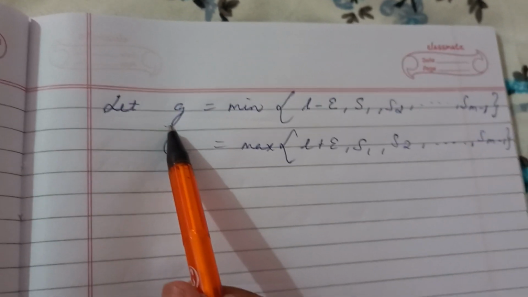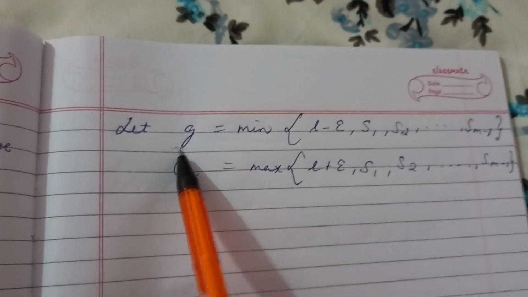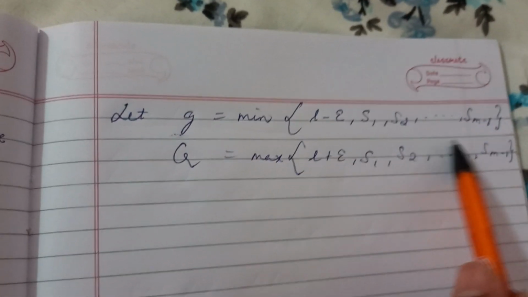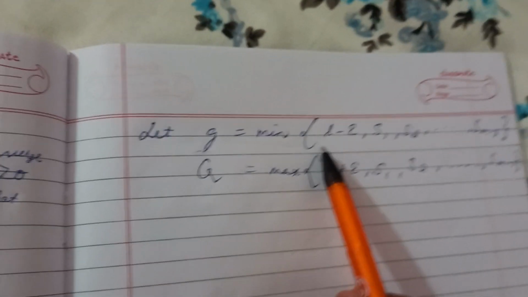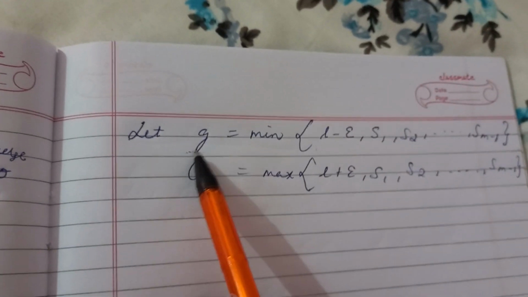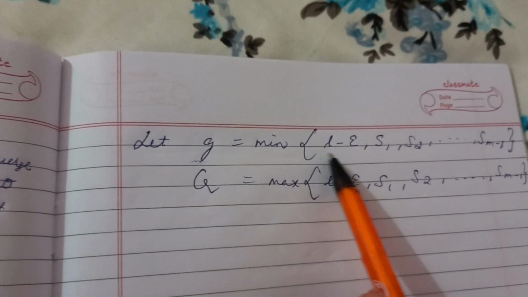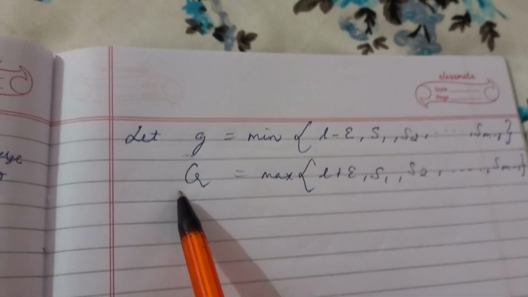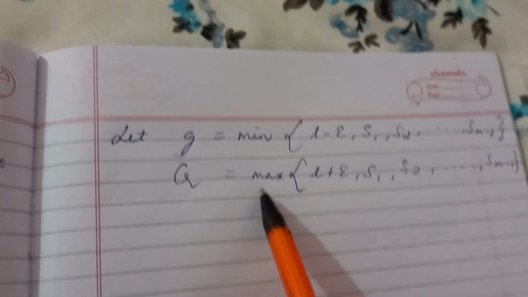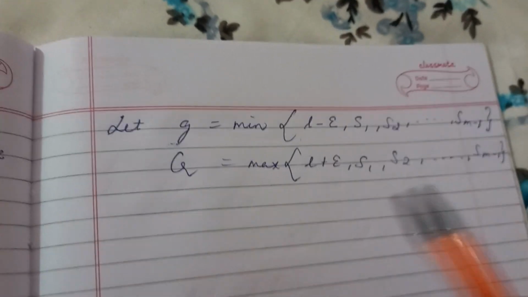Why have we considered this? We have considered the lower bound to be the minimum of all these values of the sequence. So for g, we will be considering the minimum value of these values, and for capital G, we have to consider the maximum of these values.